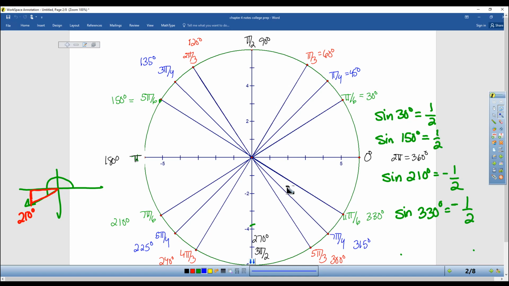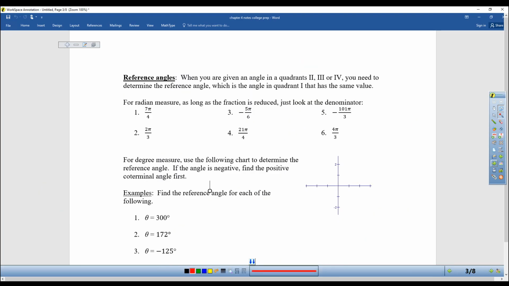So 7 pi fourths is way over here, right? I go all the way around to get to it. But when I actually draw it as a triangle, there's my 7 pi fourths. There's my radius. But I don't actually draw that big angle. I need to make it into a triangle. So you always go to the x-axis, not the y-axis, always to the x. So what angle measure is this? It's exactly the same as pi fourths. So the reference angle is pi fourths.